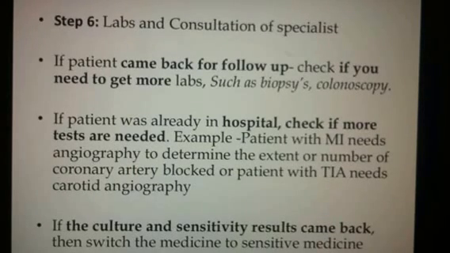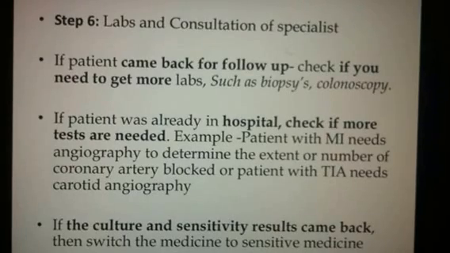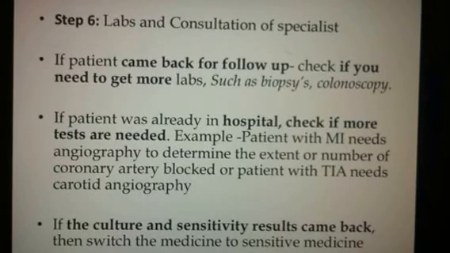If the patient had a stroke or TIA, order carotid angiography. At this time, also see if for any reason you had to order culture and sensitivity. If culture and sensitivity results are back, you can switch the medicine to the sensitive medicine.